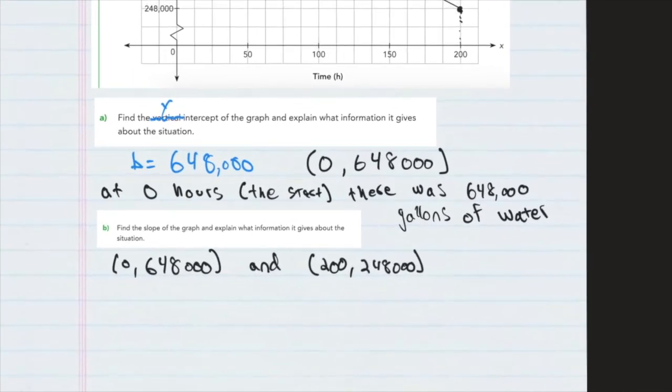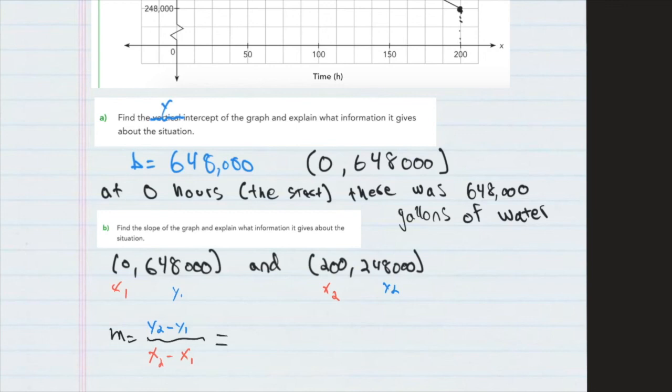So let's label our x1 and y1, and then x2 and y2. And I know my slope formula is m equals y2 minus y1 over x2 minus x1.